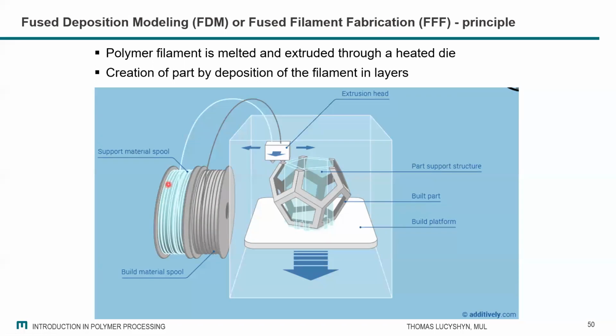And then this filament is on spools, and you pull these filaments into an extruder, which is heated. So you basically melt this filament in this extrusion head, and then layer by layer, you deposit this molten filament onto this platform. And by that, layer by layer, you can produce your part. So the platform goes one step below, then the next layer of filament is put where you want to have it, and then it goes on like that.